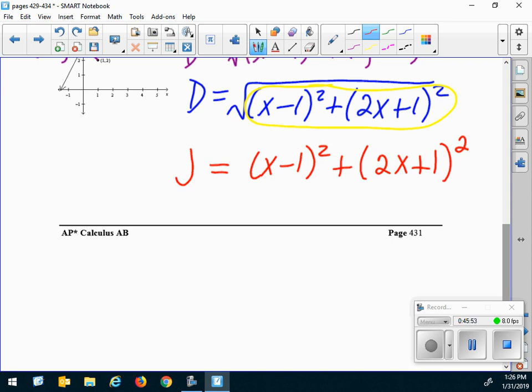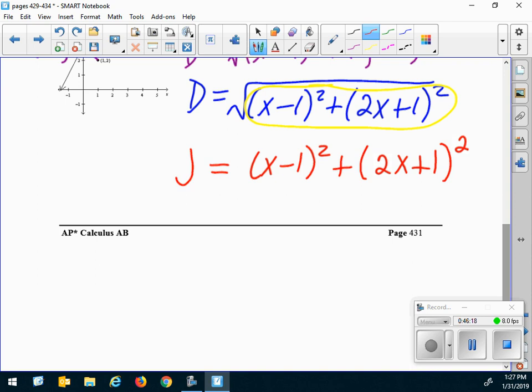So, all right. This is what I want to minimize right here. You can do chain rule on both of those, or you can FOIL them out and combine like terms. Which one do you think would be easier, quicker to do? I think just chain rule. I think it's going to be quicker.